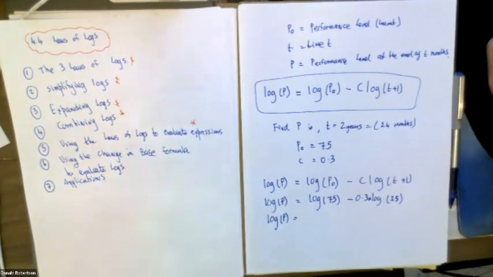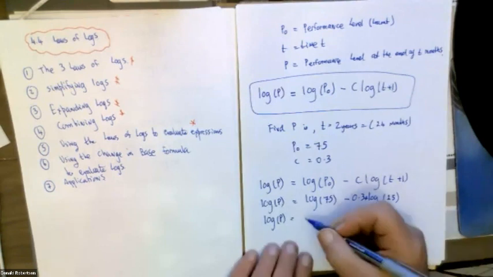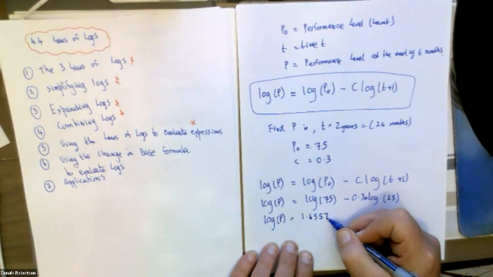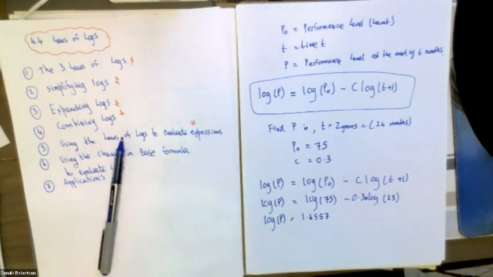I'm making no attempt to make that a whole number or combine it. I'm just going straight into my calculator. Right now I'm typing in the log of 75, take away 0.3 times the log of 25. And I am looking at 1.4557. That's to 4 decimal places.